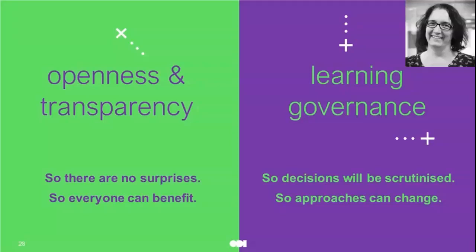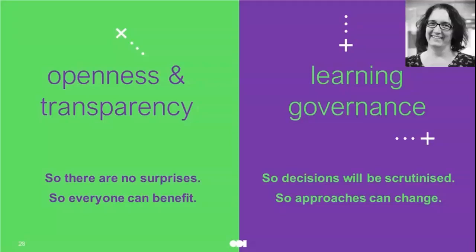That re-looking at what decisions have been made historically at very regular intervals means that people who are making those kinds of decisions know that they're really going to be scrutinized for them, but also it means that our approach to governance can change as our norms change about what's acceptable and what isn't, and as the context changes in terms of the threat from the disease and what kind of access we see as being crucial or not.